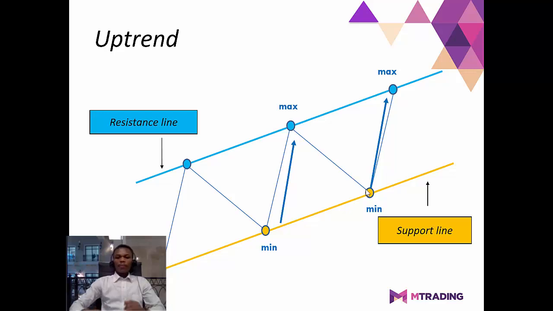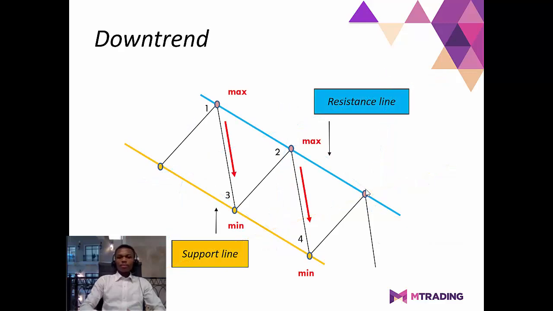Then it keeps going like this until it reaches the moment where it will turn into a downtrend. Now the downtrend is characterized by lower lows and lower highs. So now you see these two lines here, like we saw before.